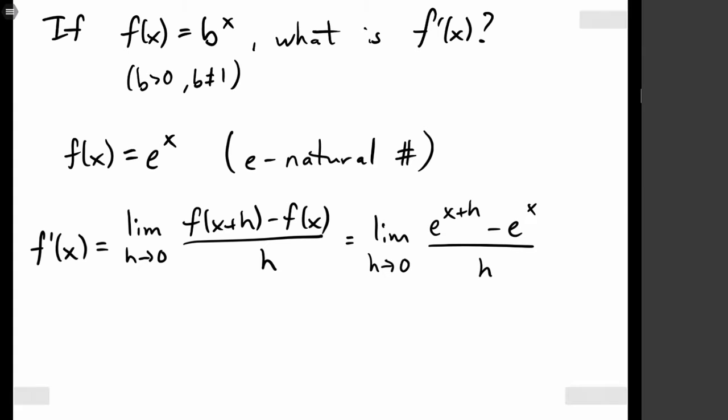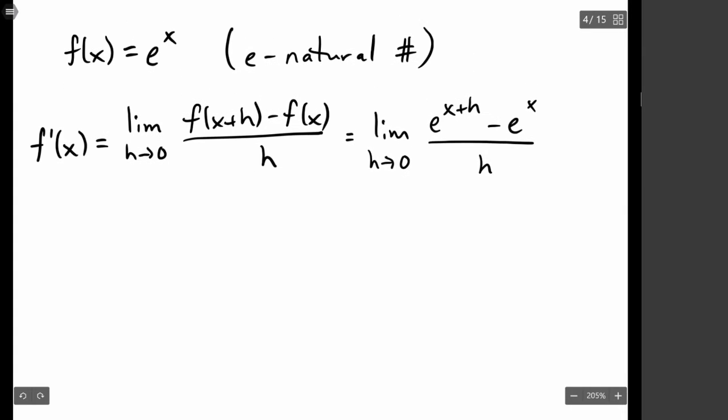Limit as h goes to 0. We need to start manipulating this into a form that we can use. But what we're going to do here is use a property of exponents to split that part into e to the x times e to the h minus e to the x, all this over h.